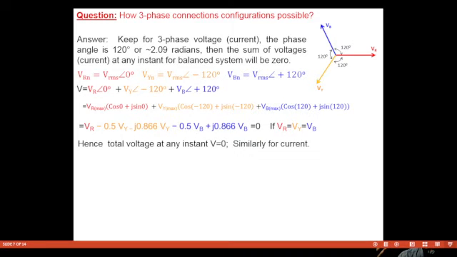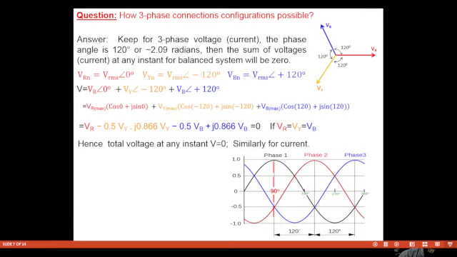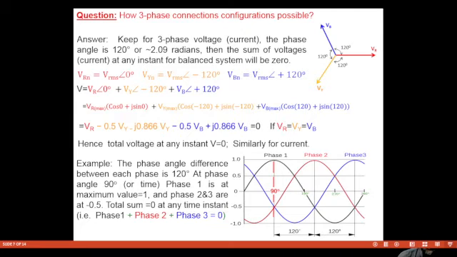That means they are connected to the same load, or the load has the same impedance, or the voltage in three phases are the same, the current in three phases are the same, so we will have 0. In this case, if we take this one at 90 degrees, we can see that phase 1 is at the maximum of 1, could be current, could be voltage, and the other two are at minus 0.5. So if we make the sum of these three, it comes out to be 0.